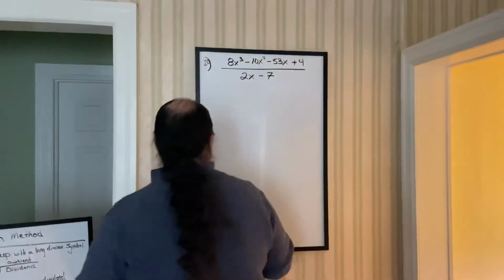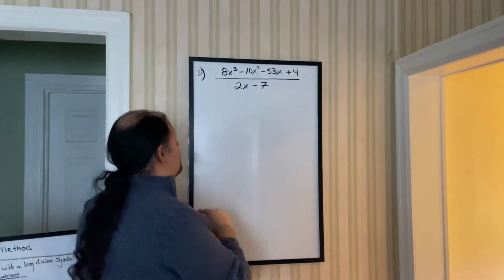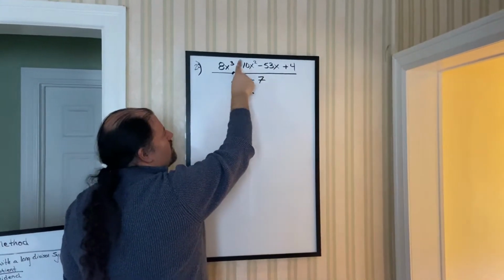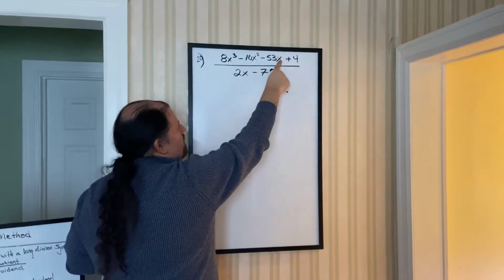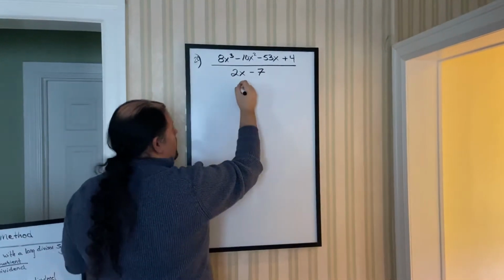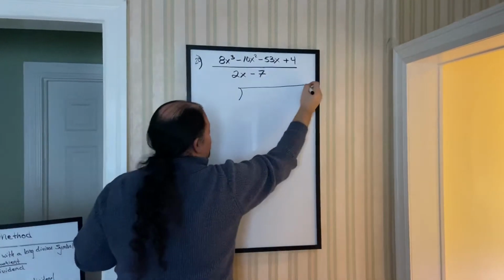Now this one's a little easier to set up than question number 19. And the reason why is because there's no gaps. See how it goes from x cubed to x squared to x to the first, constant term last, which is a good thing. So let's get our long division symbol up.